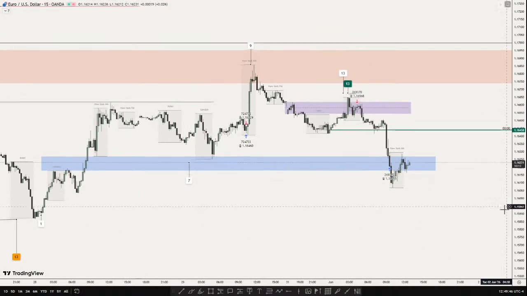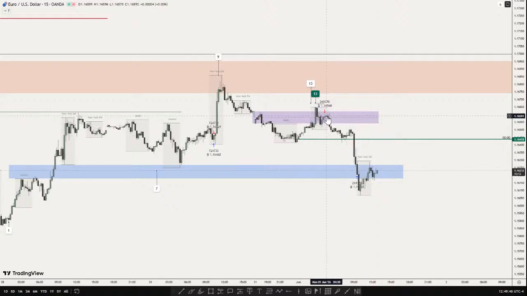So, I'm really sad at this. Why did I close this trade? But it happens. It happens. I will work on it.